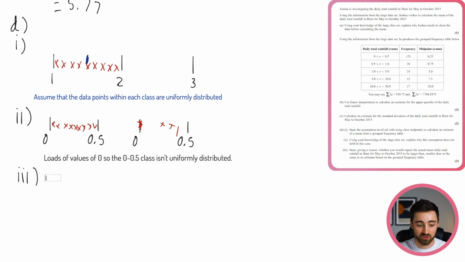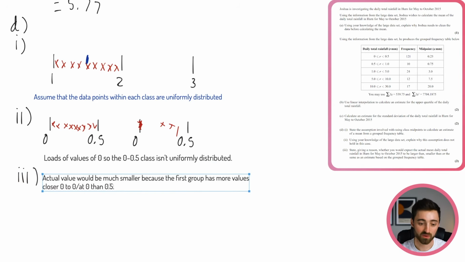So the actual value would be smaller, because the first group has more values closer to 0, or at 0, than the 0.5, so the mean of that group is going to be lower, bringing everything down with it.